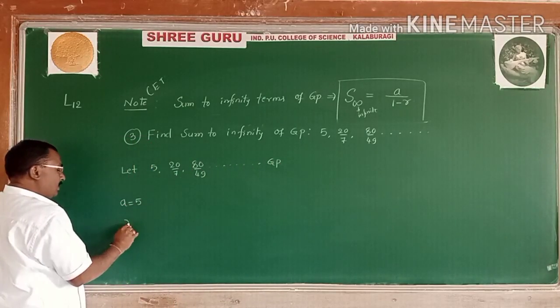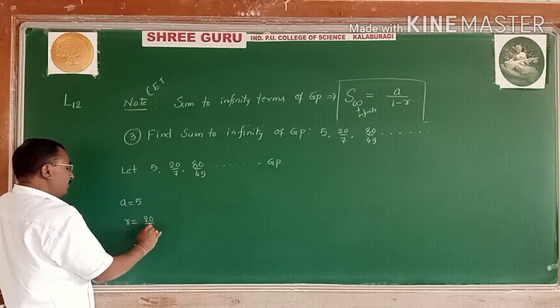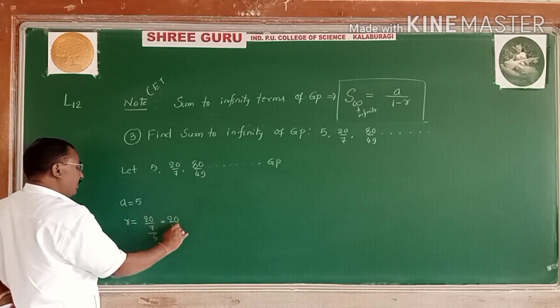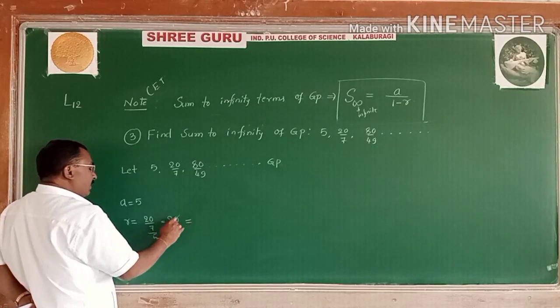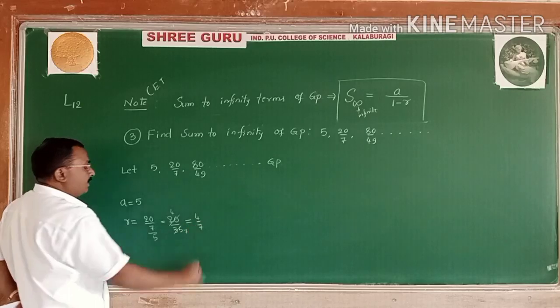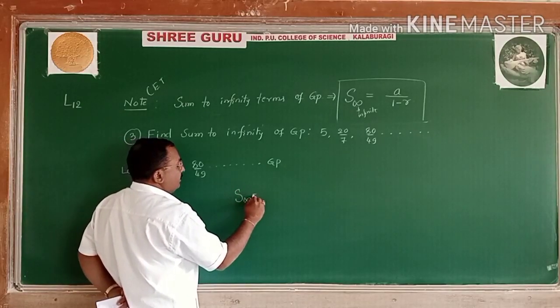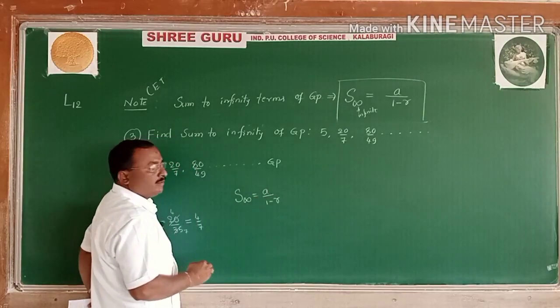Common ratio R is equal to 20 divided by 7, whole divided by 5, which is 20 by 35, which is 4 by 7. We know that S infinity is equal to A divided by 1 minus R. This is the formula.